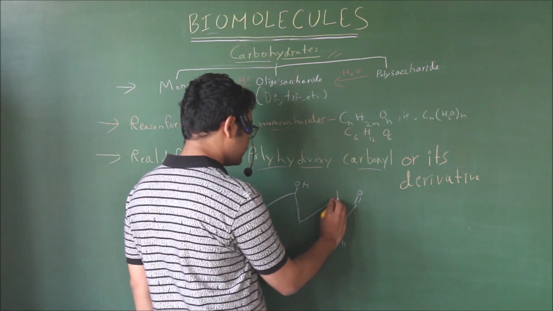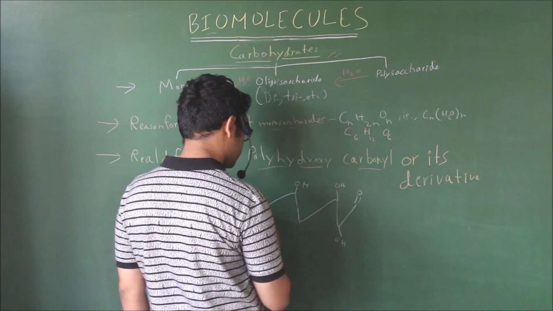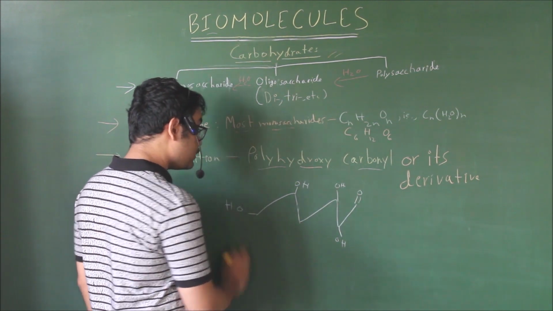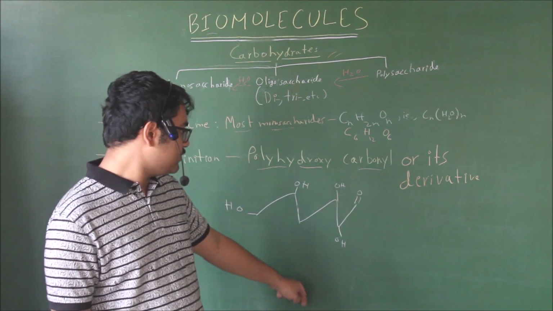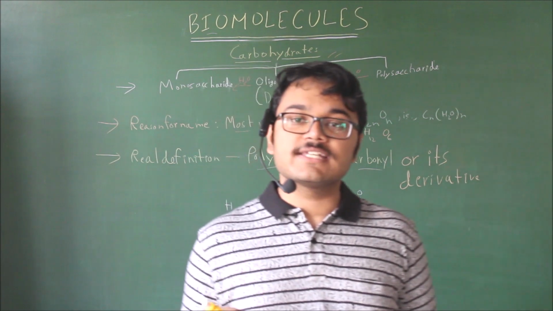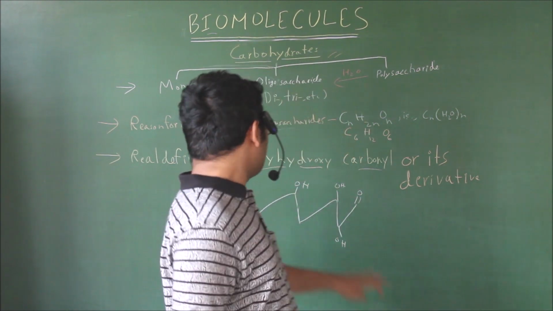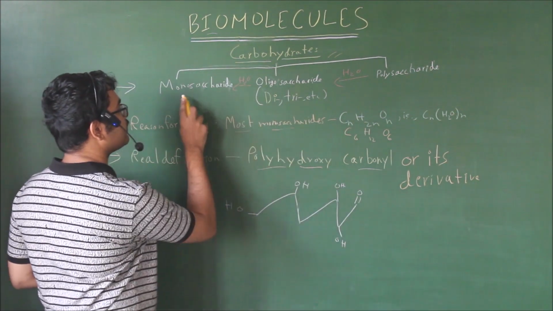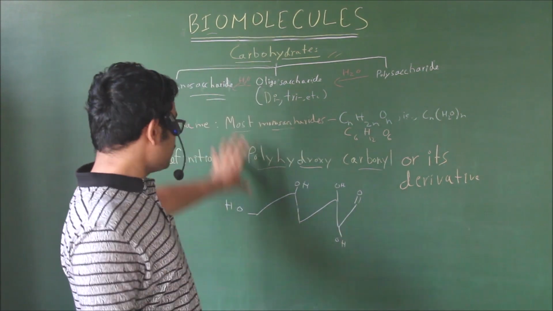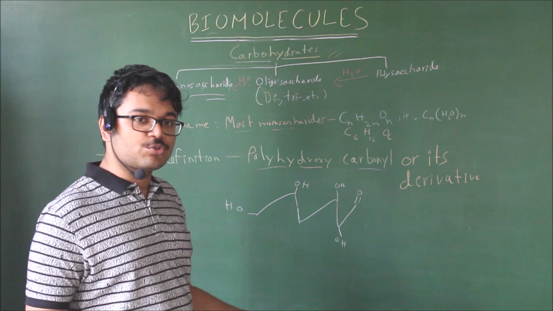On the other hand, this is definitely a monosaccharide because there are many more OHs. The more the OHs, the better it exhibits characteristic monosaccharide chemical behavior. So as you add more and more OHs, it becomes more and more like a monosaccharide.